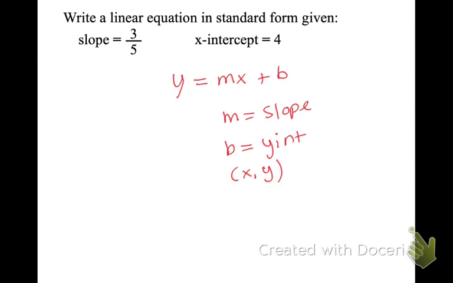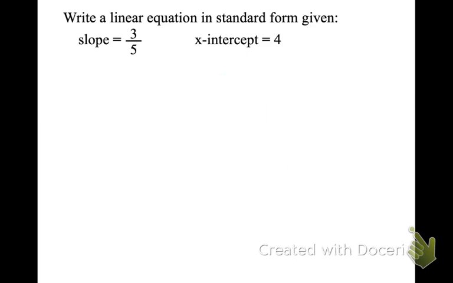But what an x-intercept does tell us is that it's an ordered pair. It's 4, 0. So that's a point they're giving us. Remember, our x-intercept has a 0. Both of our intercepts have 0, so you could use that as the point.